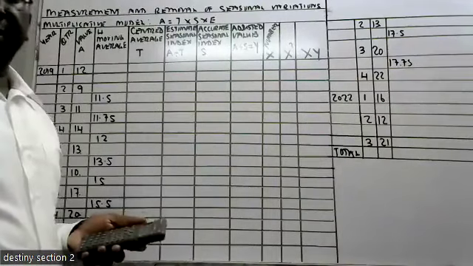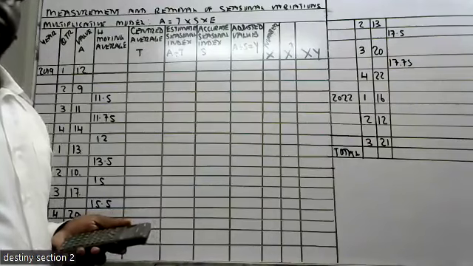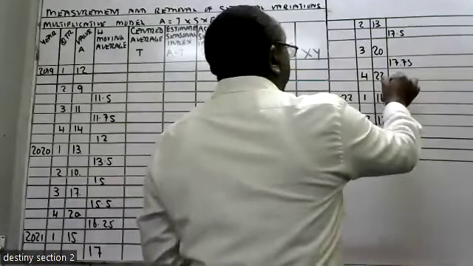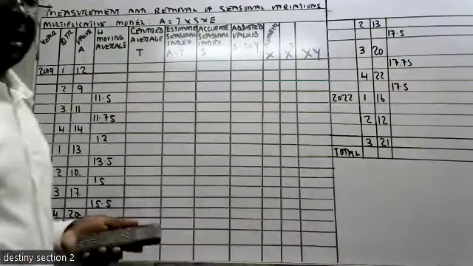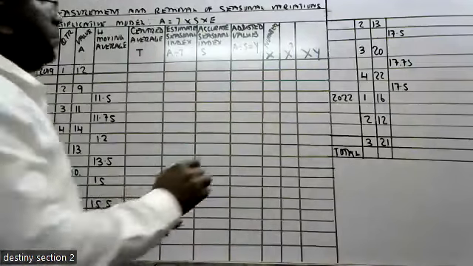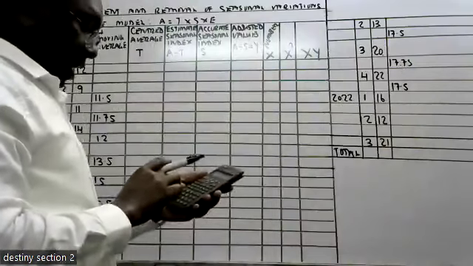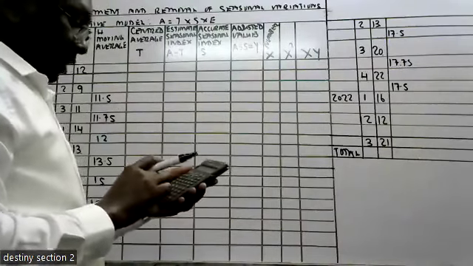We get what? 17.5. Then drop 20. Take 22 plus 16 plus 12 plus 21.